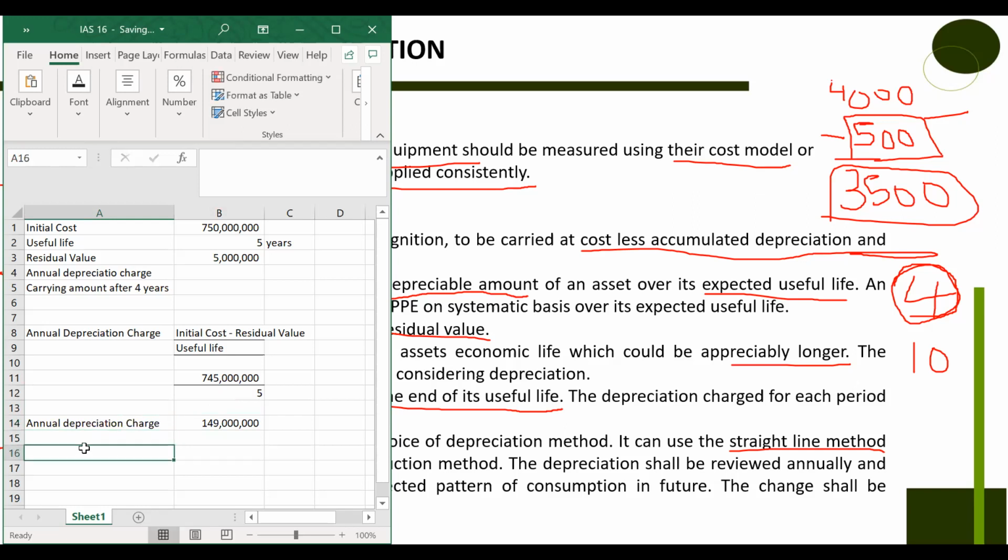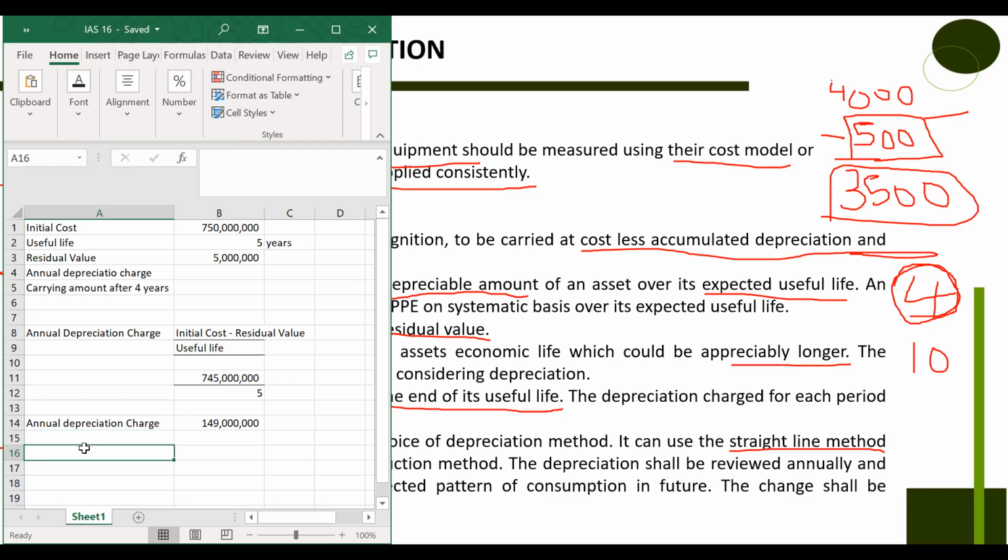IAS is actually very simple and straightforward once you understand the measurement. Initial measurement, initial cost, measurement after, you understand the depreciation, you understand how to do the asset schedule, and you recognize how to take care of the asset when you sell it off.